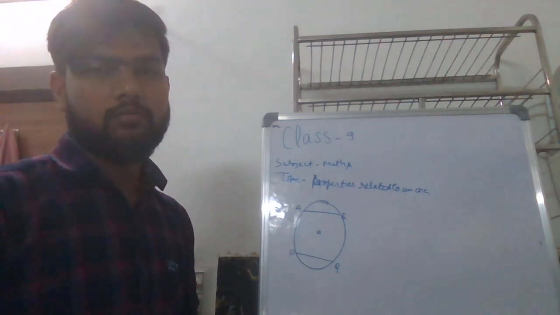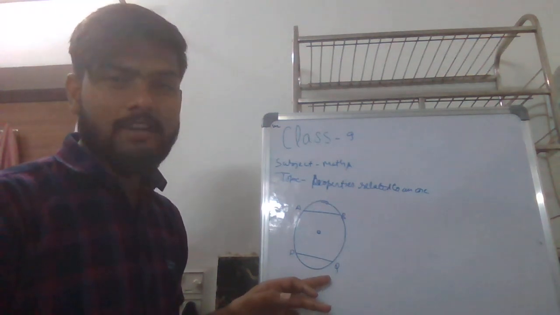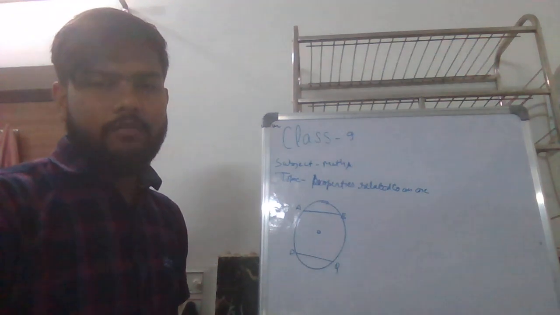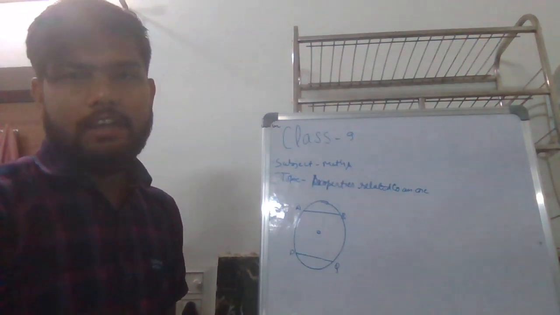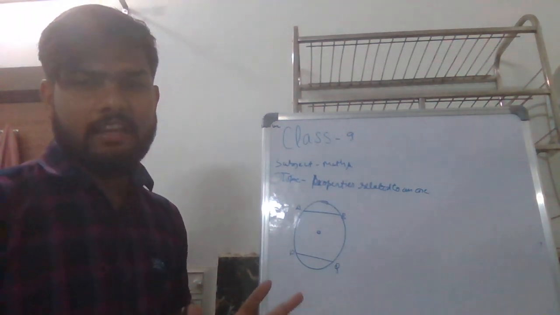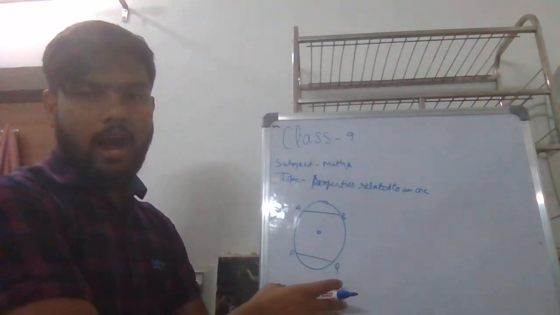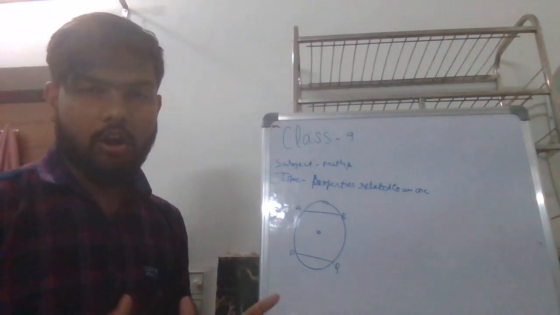Here we can see that they are superimposed. This means two arcs have two equal chords, or vice versa.